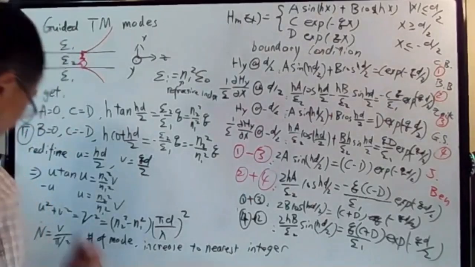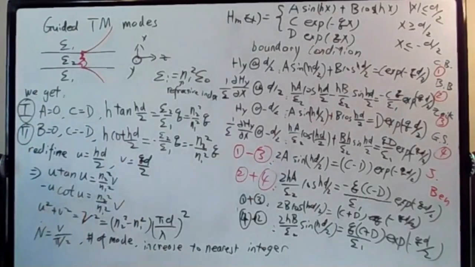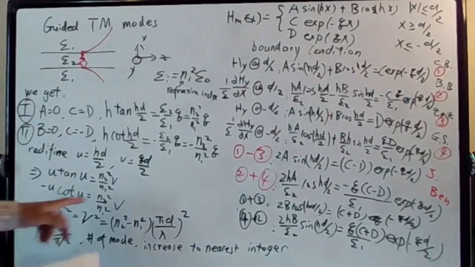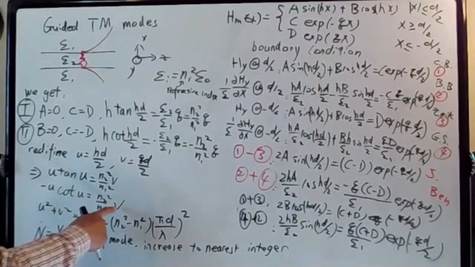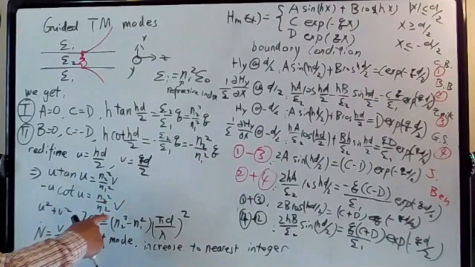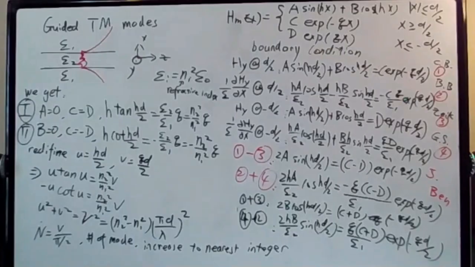So it's negative u cotangent u equals n2 square over n1 square v. Is that little v or capital V? It's the little v. Gotcha. Thank you.